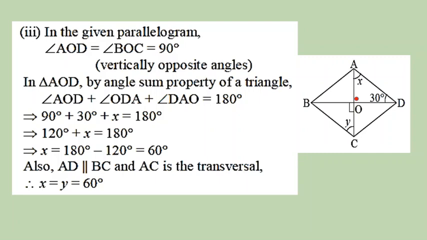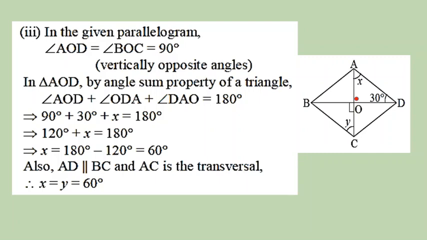Now observe angle Y, that is angle BCO. That is also equal to 60 degree, because we see here AC becomes the transversal and X and Y are alternate interior angles.